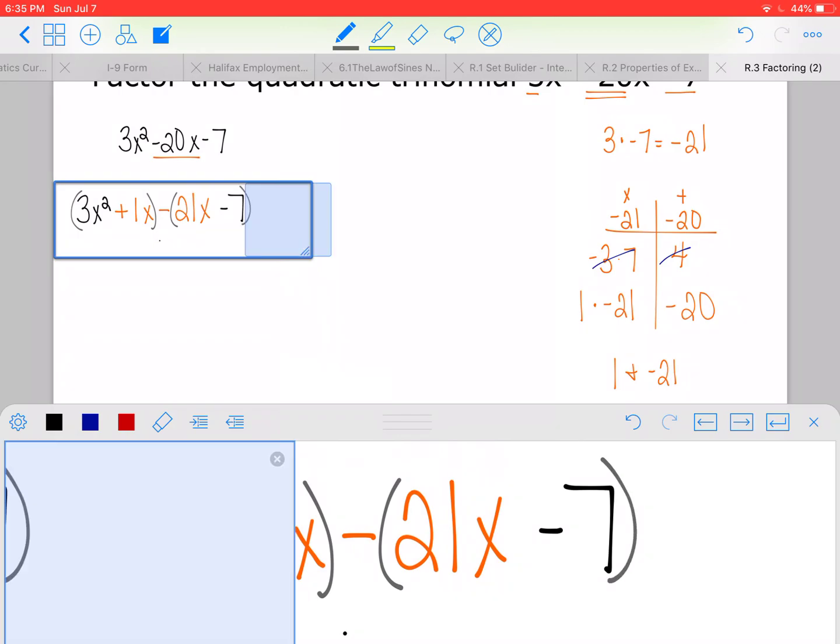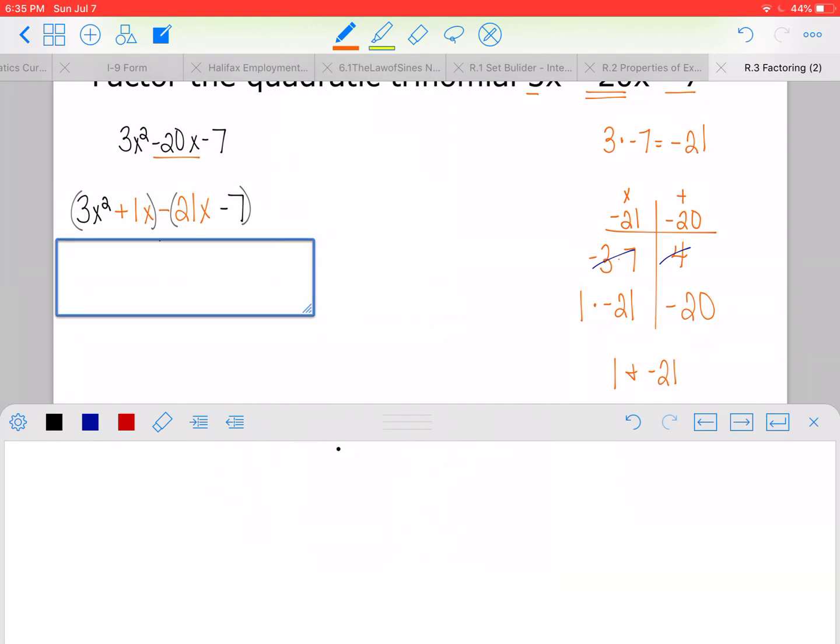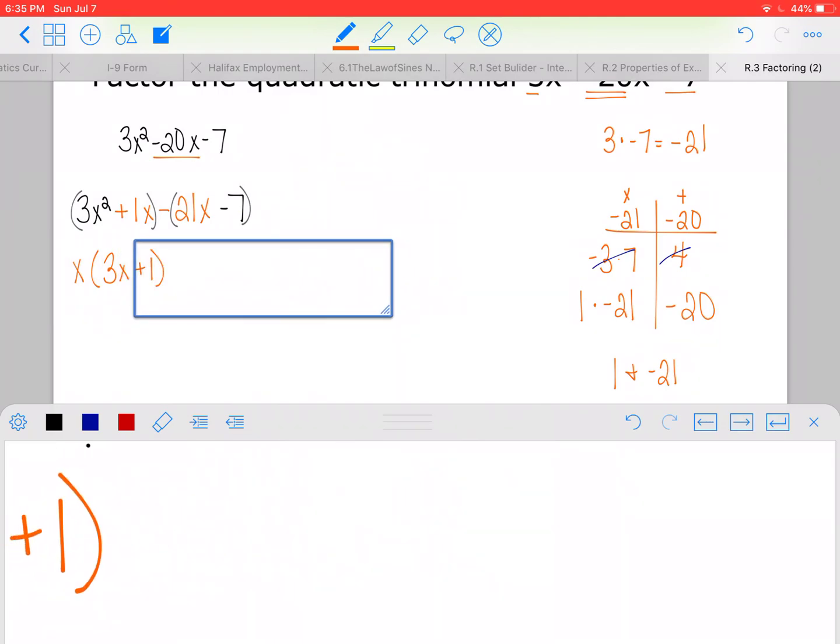So now we're going to do our factoring by grouping. Out of the first pair, we've got 3x squared plus 1x. We can bring out an x. Then we'll be left with 3x plus 1. Out of the second pair, we can bring out a 7.